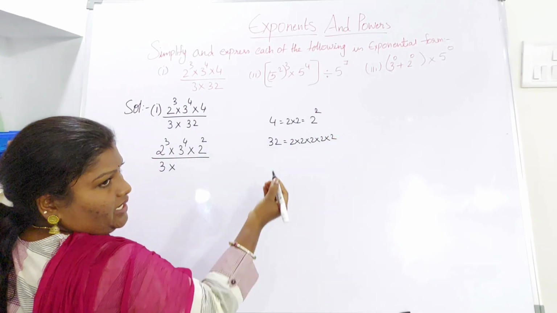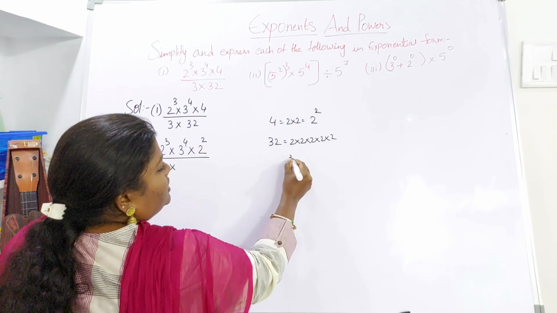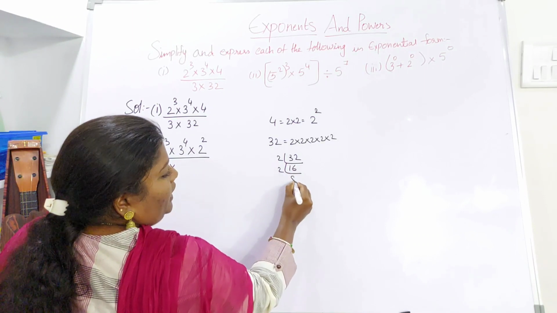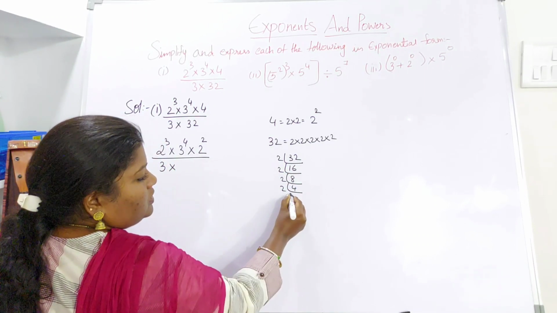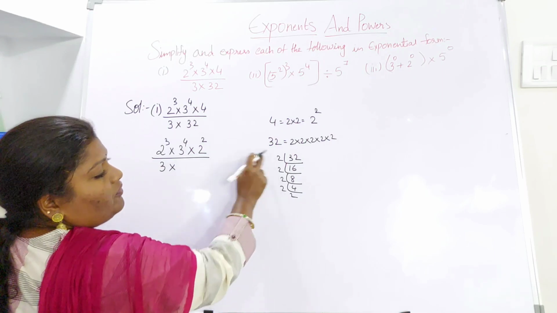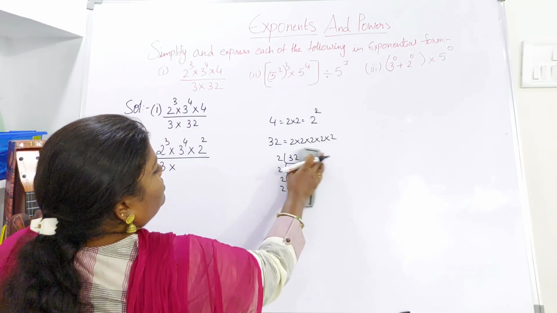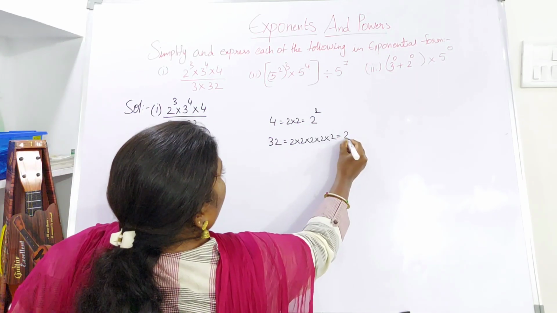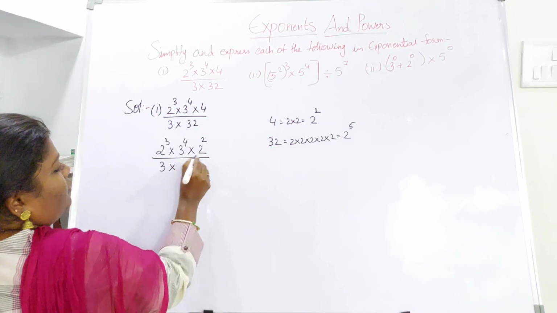If you want, you can check by doing a prime factorization method, that is 32, 2 16s, 2 8s, 2 4s, 2 2s. So 2 is multiplied 5 times, so you are going to get 32. So in exponential form I can write it as 2 power 5. So I am writing it 2 power 5.